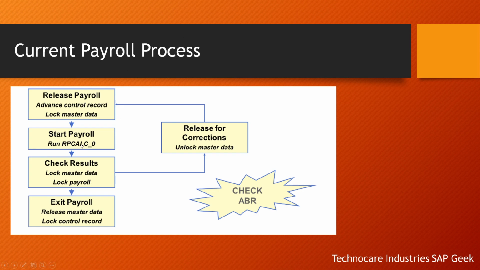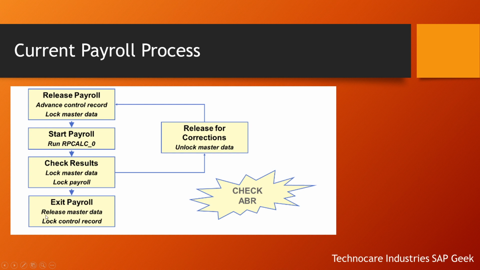When I am checking the results, master data and payroll both are locked, so I will not be able to do master data changes, and I will not be able to do the live payroll runs during this phase. And then finally I exit the control record, which is releasing the master data and closing the control record.